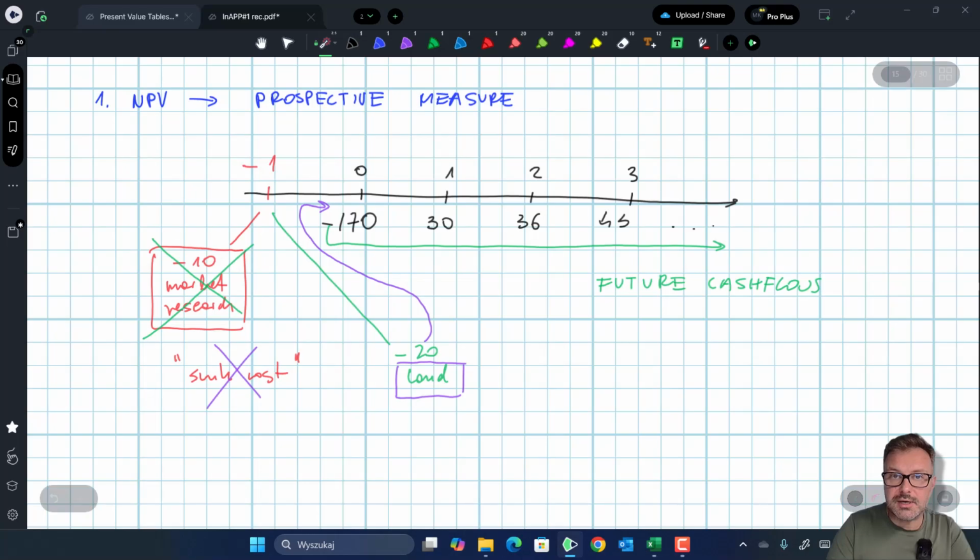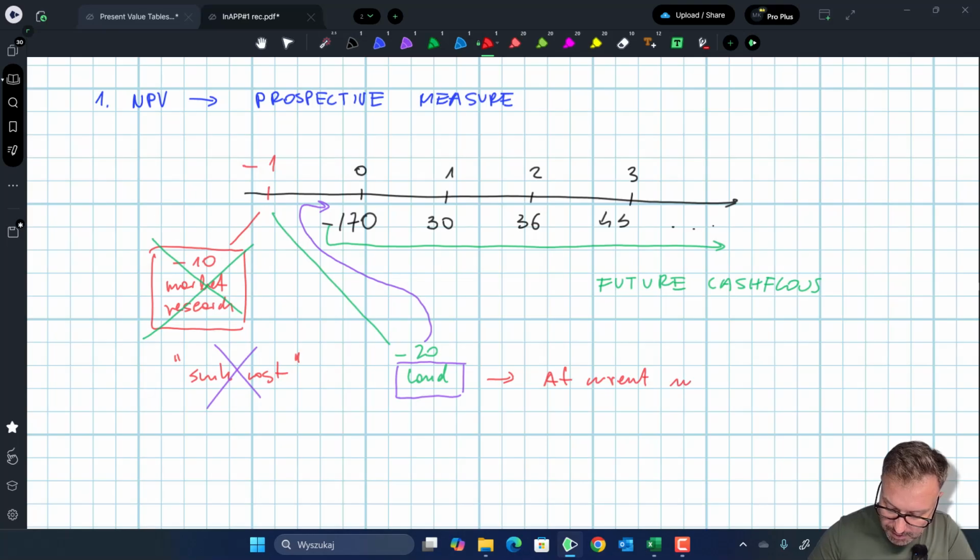A crucial remark here, however, is that at the stage of calculating this initial investment that will include this land, the land will be included in the 170,000 not at the historical price of 20,000, but at the current market price from time 0.